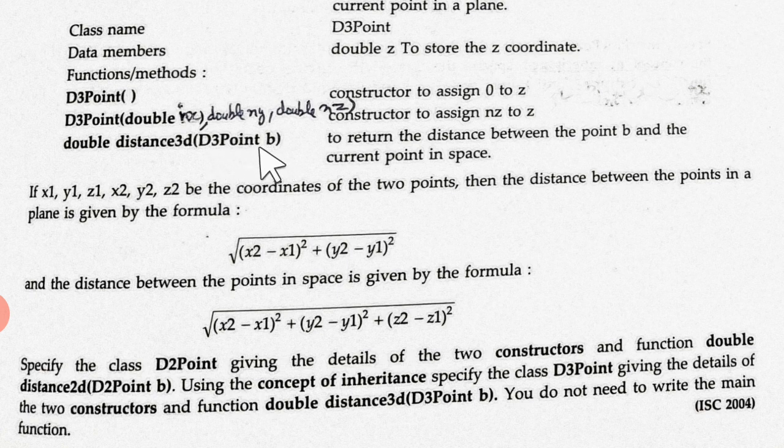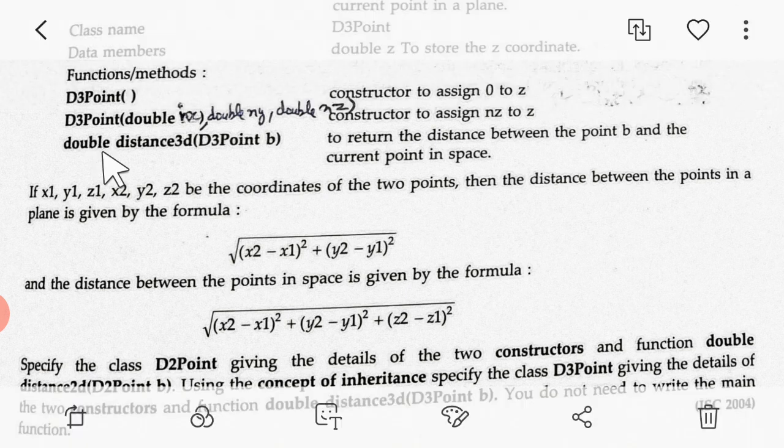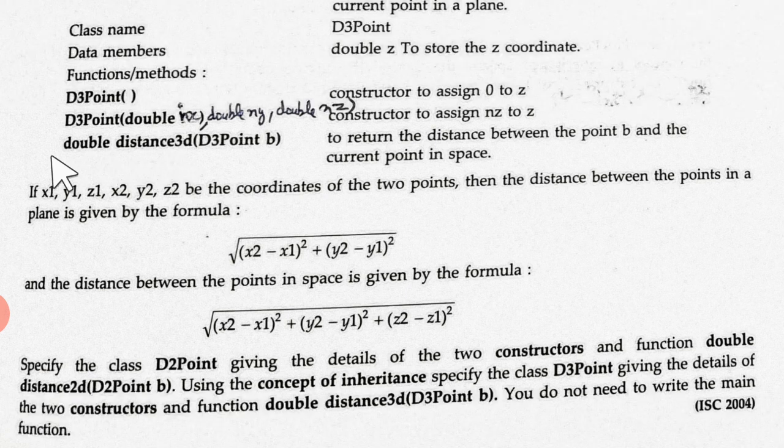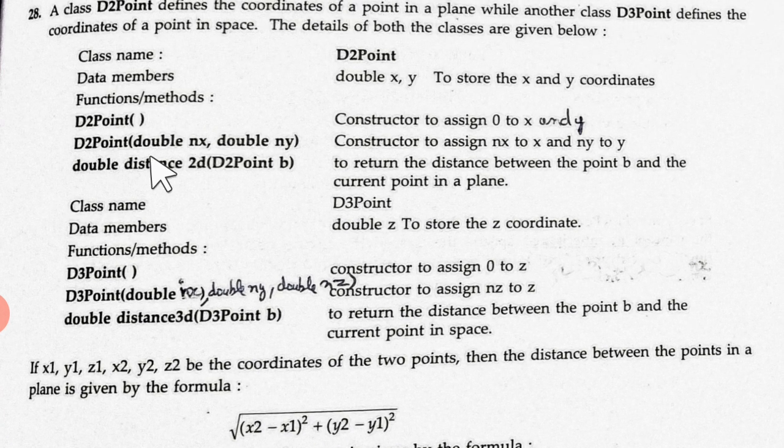This is basically object passing again, to return the distance between the point b and the current point in space. The final answer is of double type, so we have a double distance3D. Double is the return type. Similarly, in D2Point, distance2D also has the return type double.